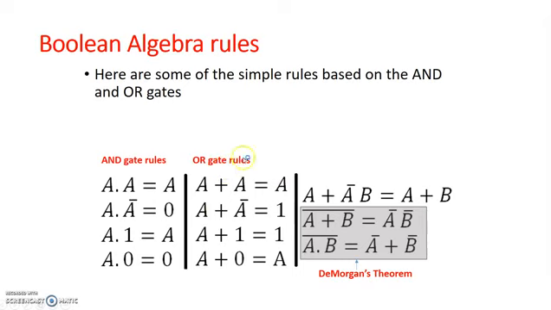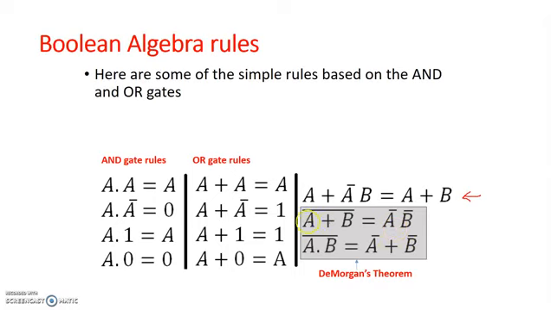So these rules are fairly simple. There are a few additional rules that are useful. This rule is also sometimes called the absorption rule, which states A or not A B is equal to A or B. And then the following two rules are called De Morgan theorem.